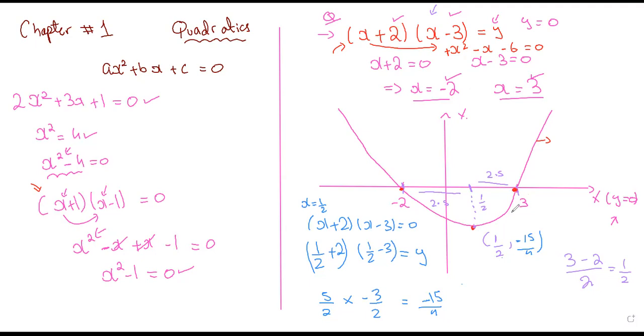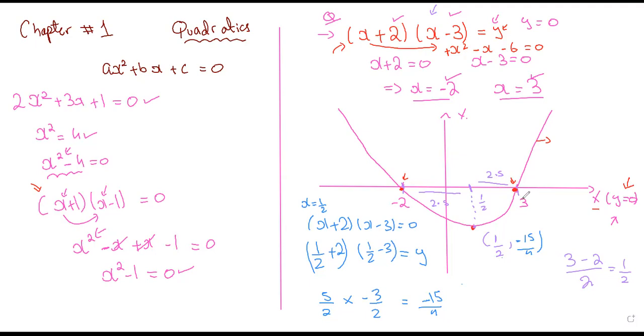And I know that on the x-axis, y is 0. So I will use y equals 0 in order to find this x and this x. Okay? Whenever I'm interested in finding one coordinate, I need to know the other one. Obviously, this is an equation with 2 variables. I cannot compute 2 variables from one equation. So I need to have one variable in order to find the other variable, right?